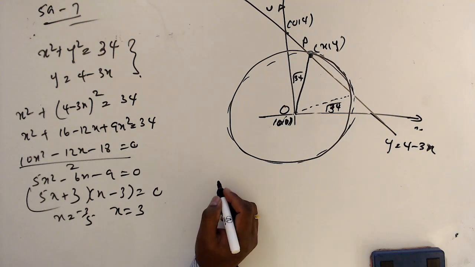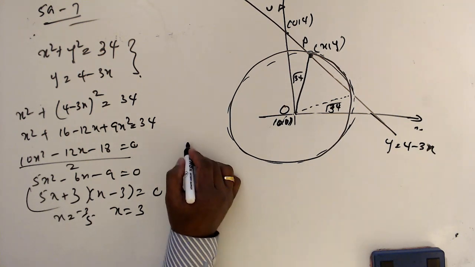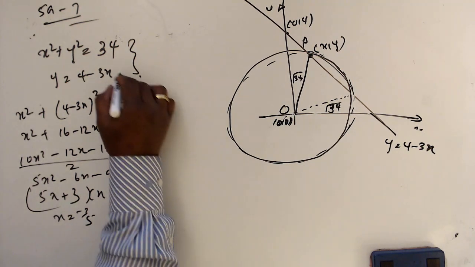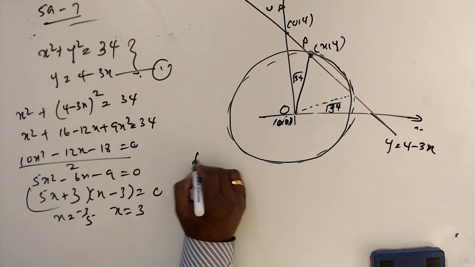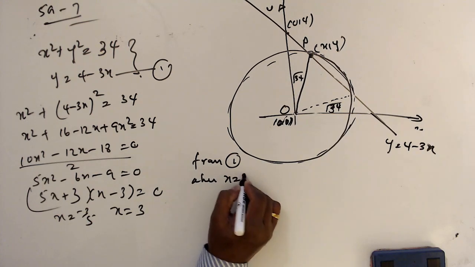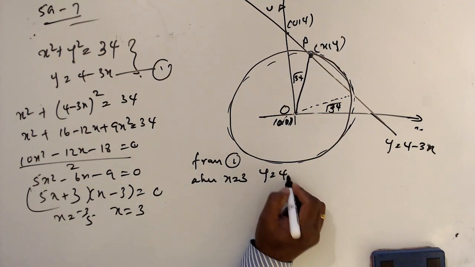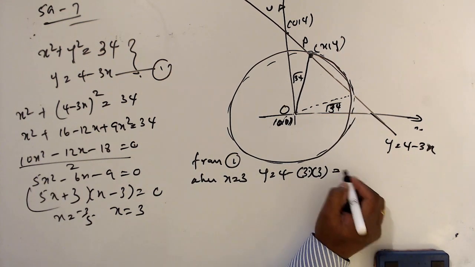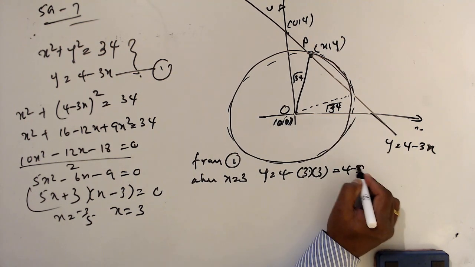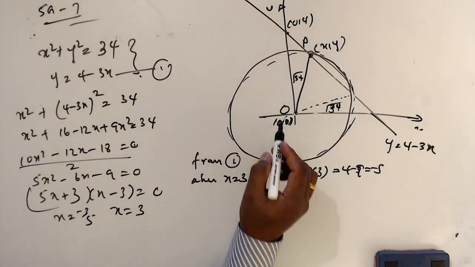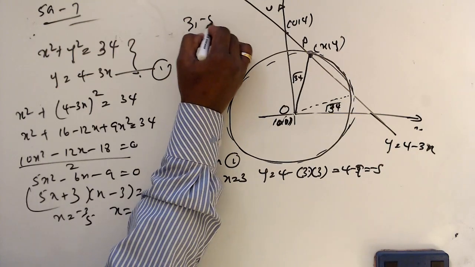Now, as previously, we have to work out y. When x equals 3, y equals 4 minus 3 times 3, which is 4 minus 9, minus 5. So one point is (3, minus 5).